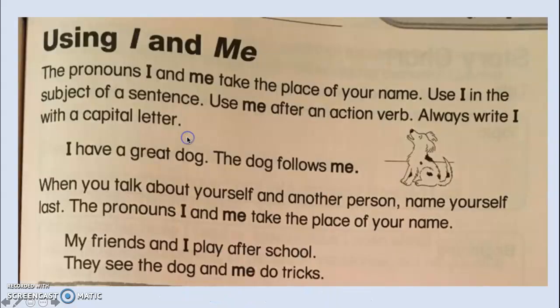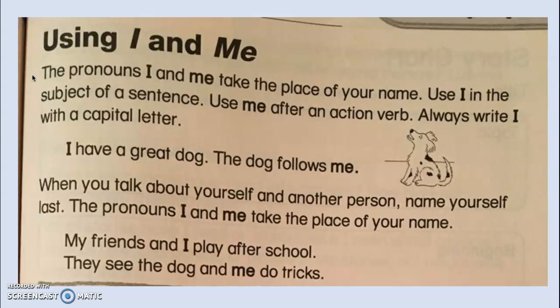Okay? All right, I want you to follow along with me while I read this to you. Using I and me. The pronouns I and me take the place of your name. Use I in the subject of a sentence. Use me after an action verb.